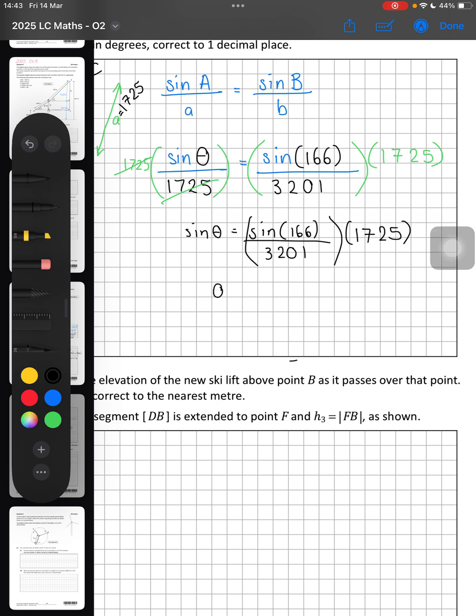So theta is the inverse sine, sine to the minus 1, of sine 166 over 3201 times 1725. Okay, and now I can type all that into my calculator.